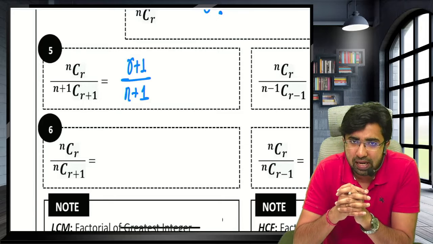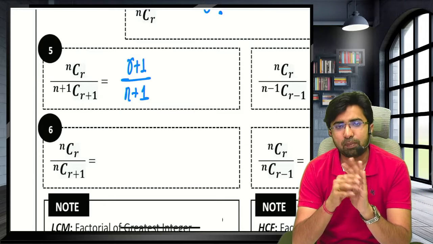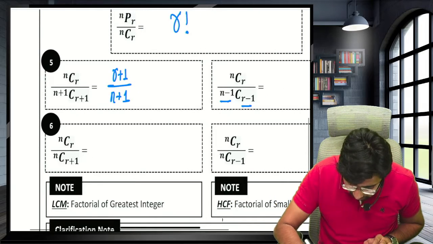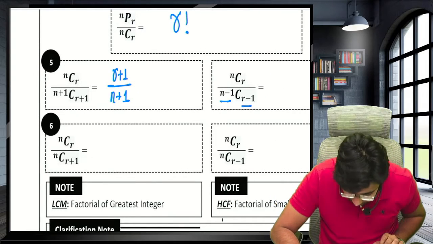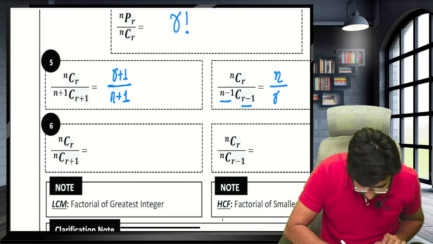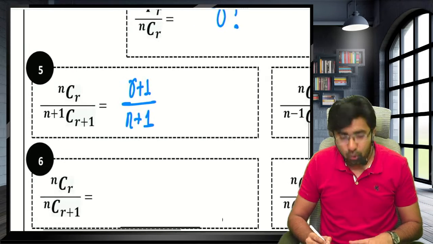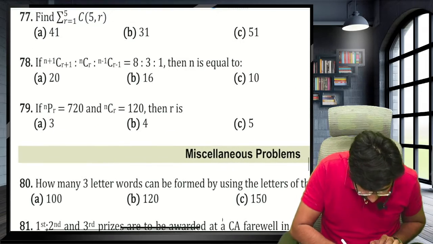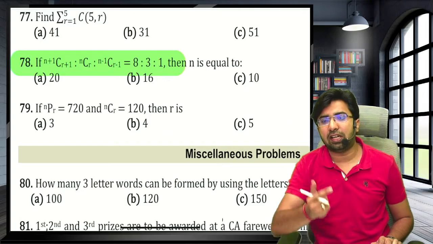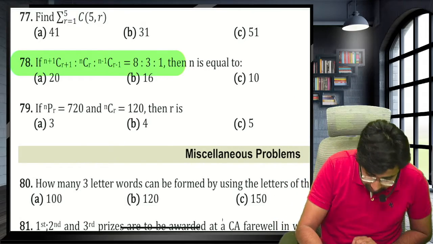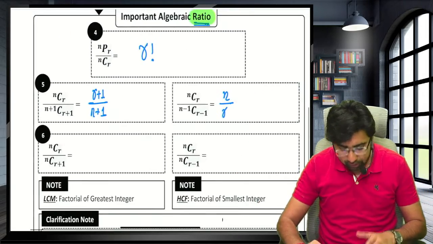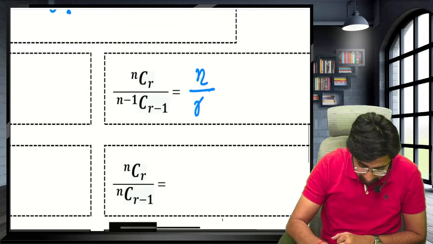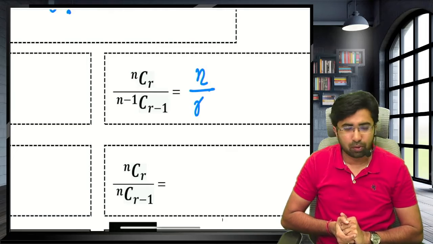And NCR upon n minus 1 C R minus 1 is equal to n by R. Guys, this kind of ratio based question that gives you panic will be solved immediately if you hold these shortcuts. NCR upon n plus 1 C R plus 1 is R plus 1 upon n plus 1. NCR upon n minus 1 C R minus 1 is n upon R.